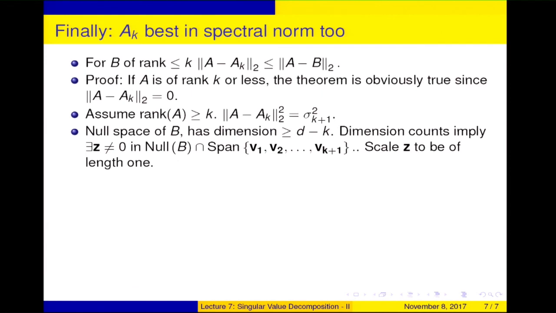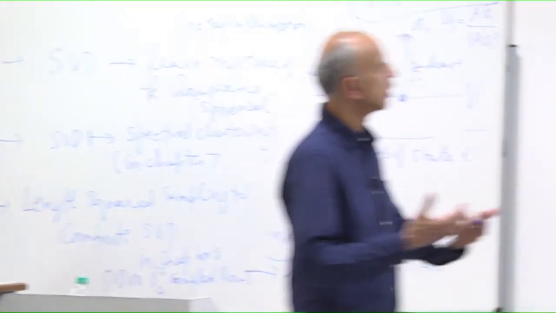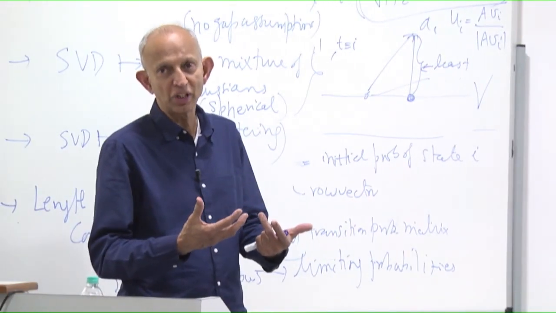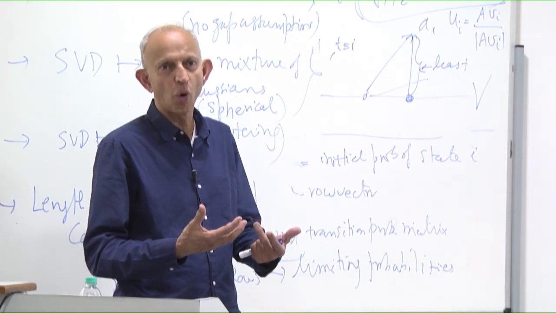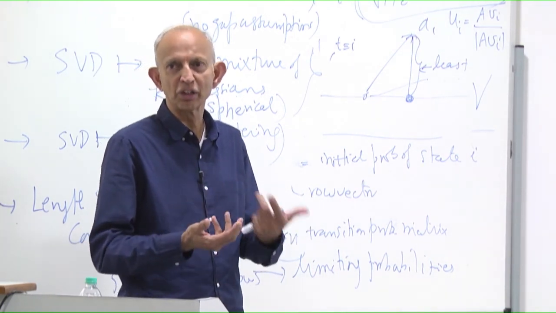Dimension counts imply there's a vector in the null space of B which is also in the span of these. So why is that? This has dimension d minus k. This has dimension k plus 1. So if I take 2 subspaces whose dimensions add up to more than d, there's always a non-zero vector in the intersection.